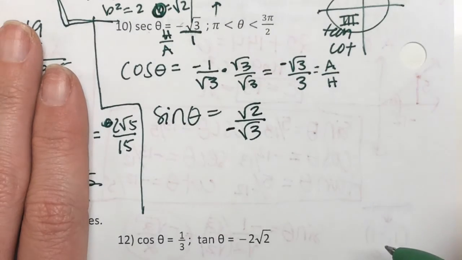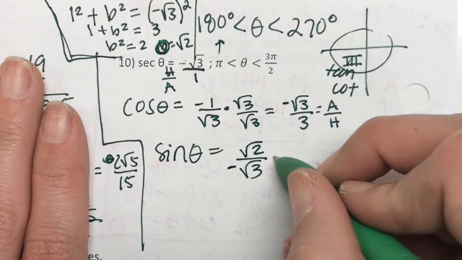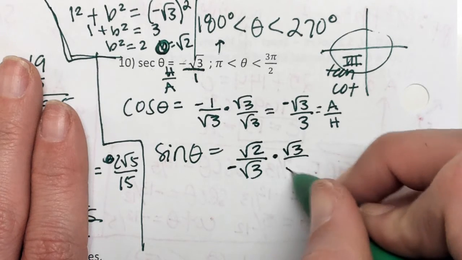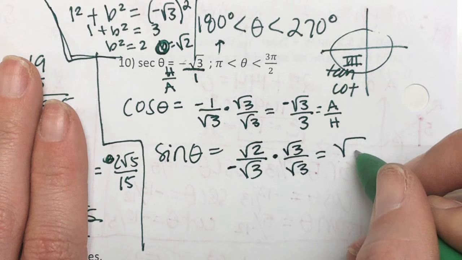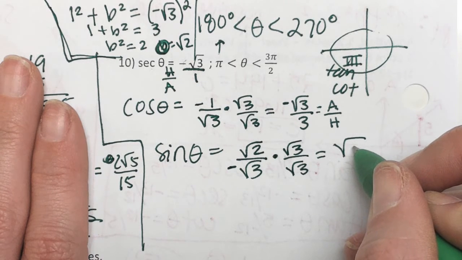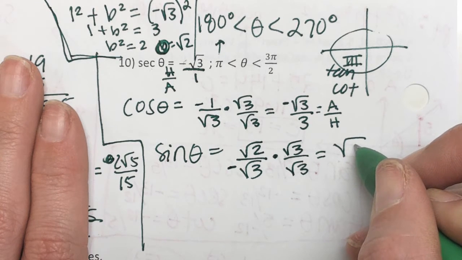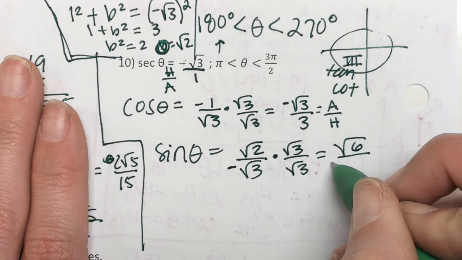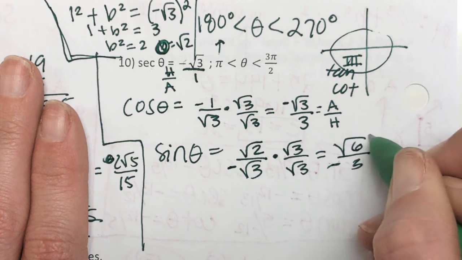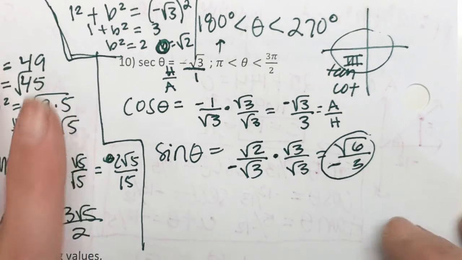Alright, what do we need to multiply the top and bottom by? Very good. So on top we get square root of square root of. Are we adding? Good. On bottom? Yes. So that's sine, negative square root of 6 over 3.